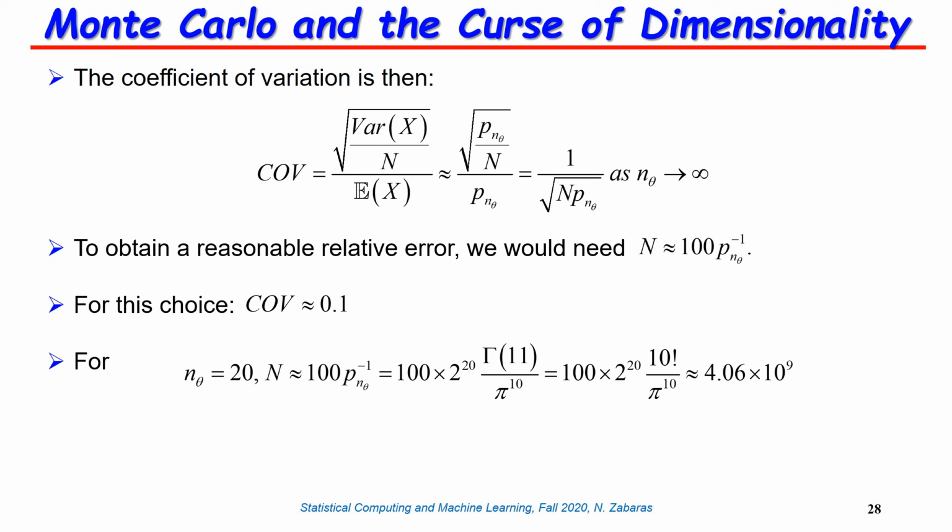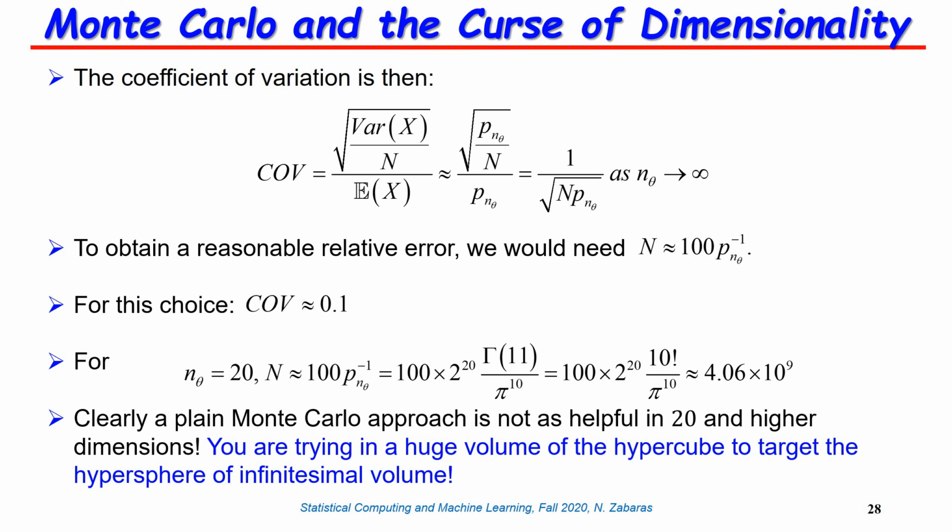That's, of course, a huge number that tells you that working with Monte Carlo in high dimensions, at least working with vanilla Monte Carlo, has its own challenges, and somehow you will need to think carefully on what type of Monte Carlo approximations you will need to make this reasonable in high dimensions.